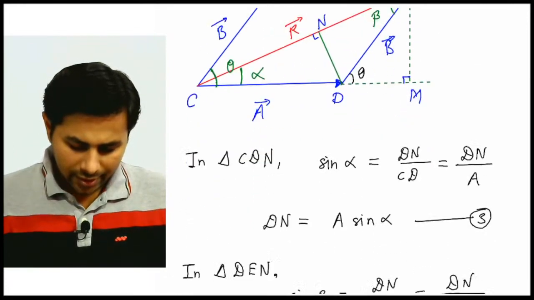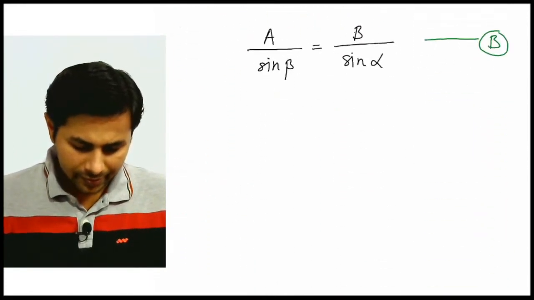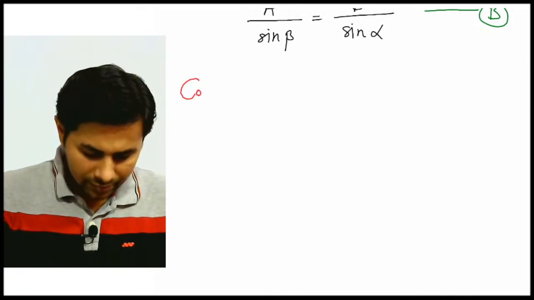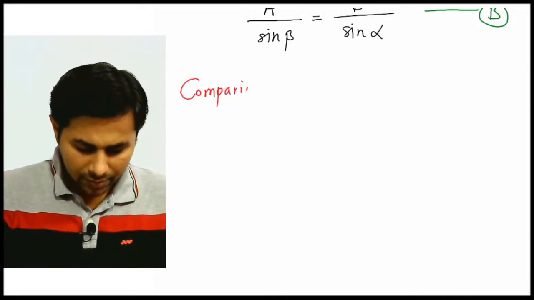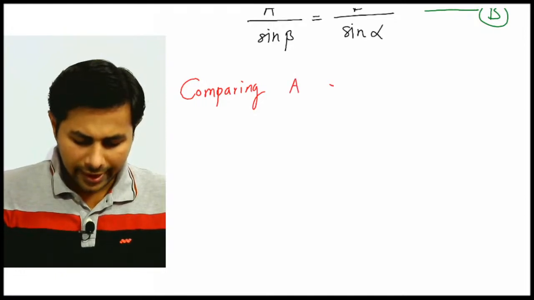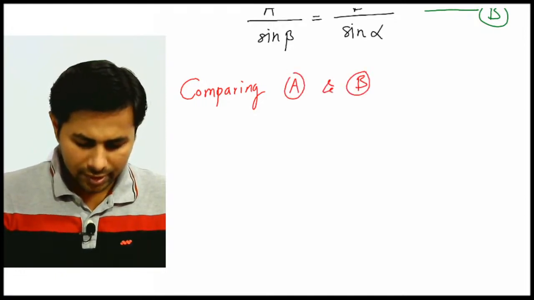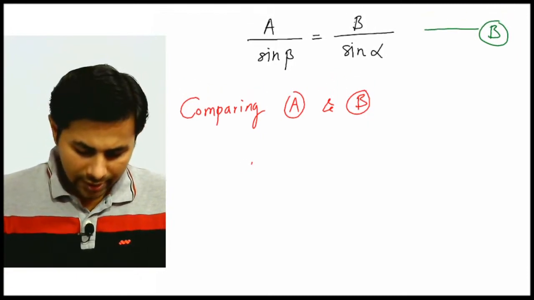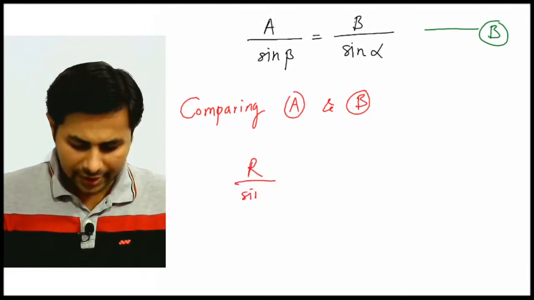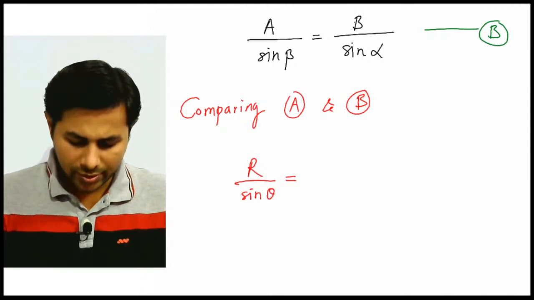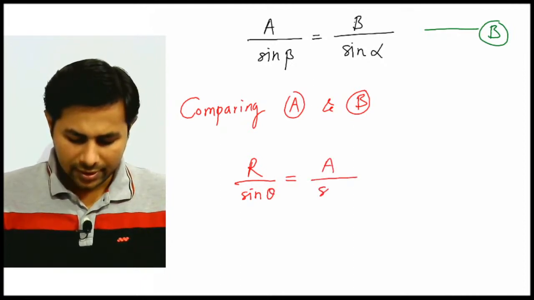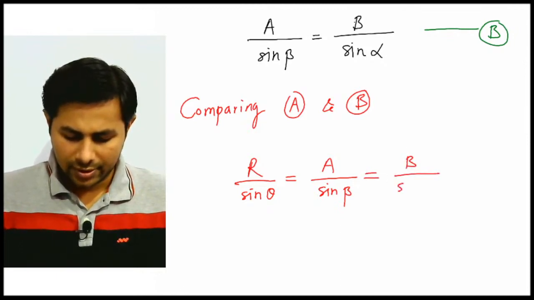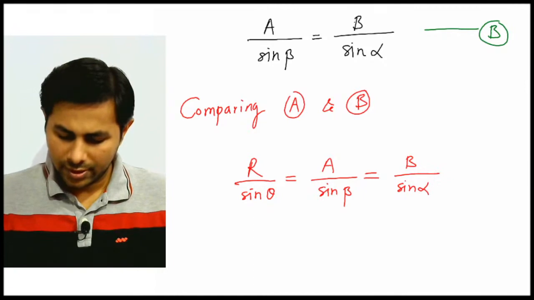Okay, so let's write that. So comparing equation a and equation b, we have r divided by sine theta equals a divided by sine beta, and that is equal to b divided by sine alpha.